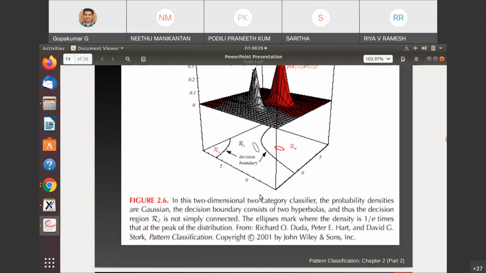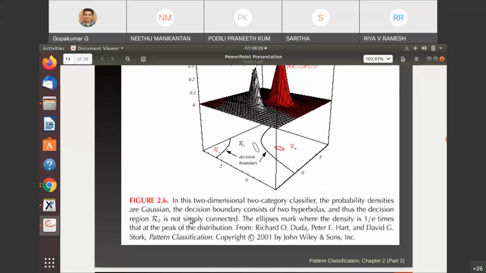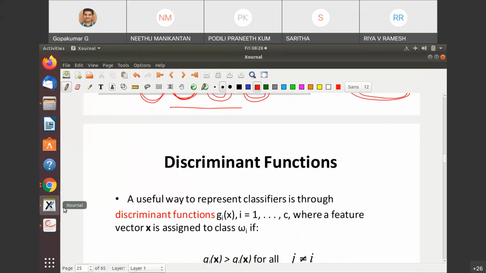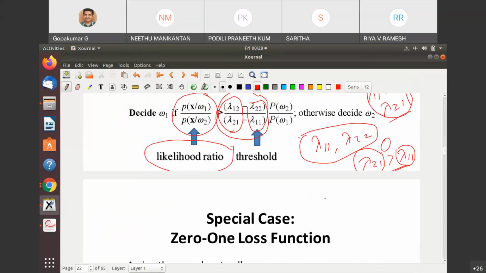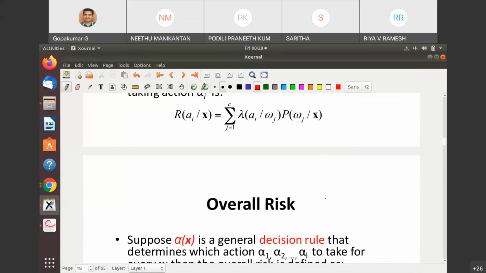So that is how a plot of these probability density functions will look, with the corresponding decision regions and their projections. That is another point you have to keep in mind. Before going to the next one, we'll come to this point once again.